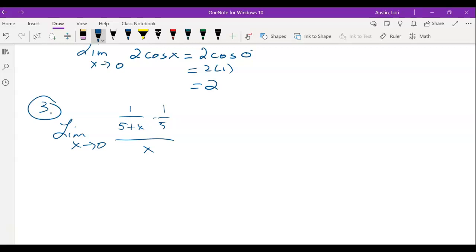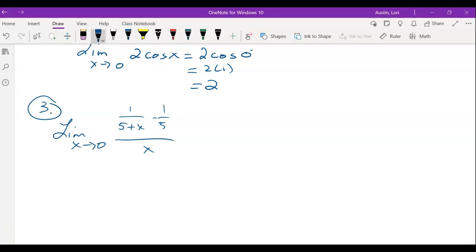I hope you can see if you just try to plug in 0, you've got some issues going on, right? You end up with 0 over 0 again, because 1/5 minus 1/5 is 0, and then you have 0 in the denominator. We can't do that. But we have a complex fraction. How do we make a complex fraction not complex? There are always different methods.